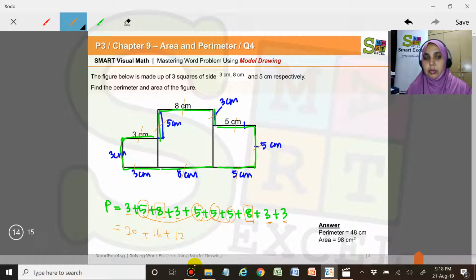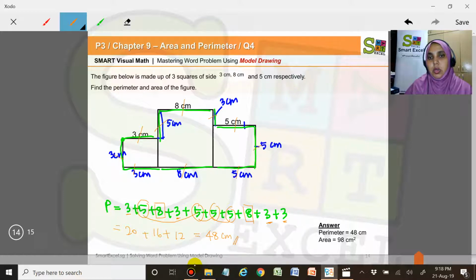So plus 12. This is what I always teach my students, and which you should too. From there they can do the normal calculations at the corner, which will give them 48 cm. Now that's your perimeter part.